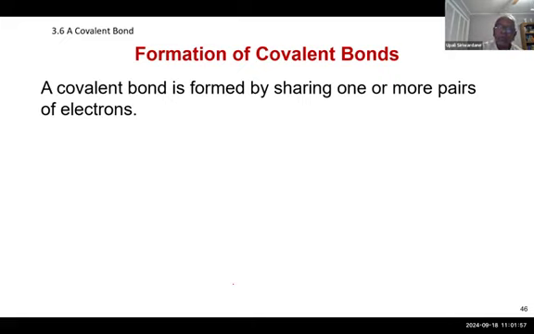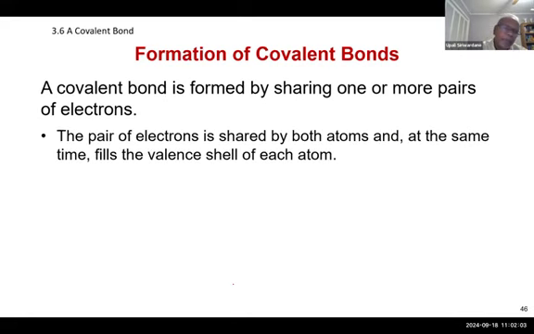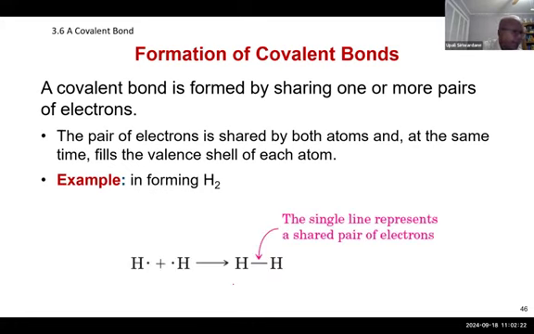Covalent bond is formed by sharing electron pairs. A pair of electrons, two electrons, one from the valence shell of each atom, is shared by both atoms to form a covalent bond. For example, hydrogen has this Lewis structure. There are two electrons shared. So this bond is a covalent bond.